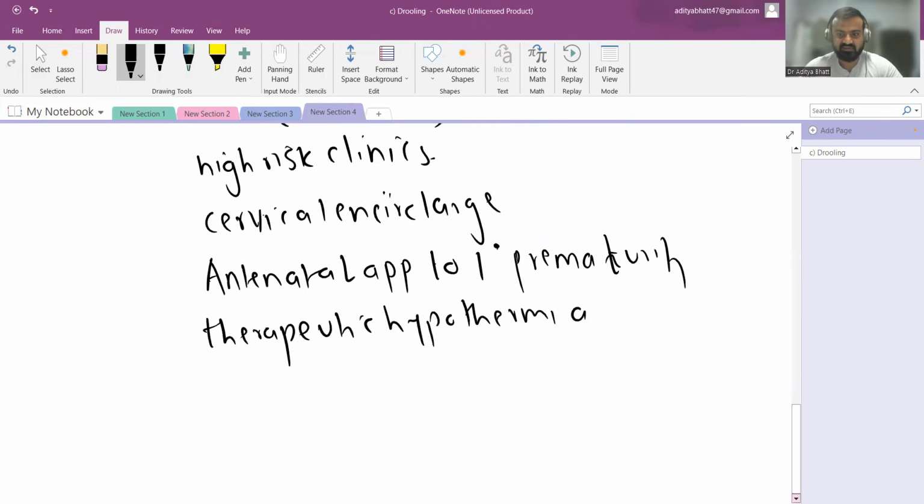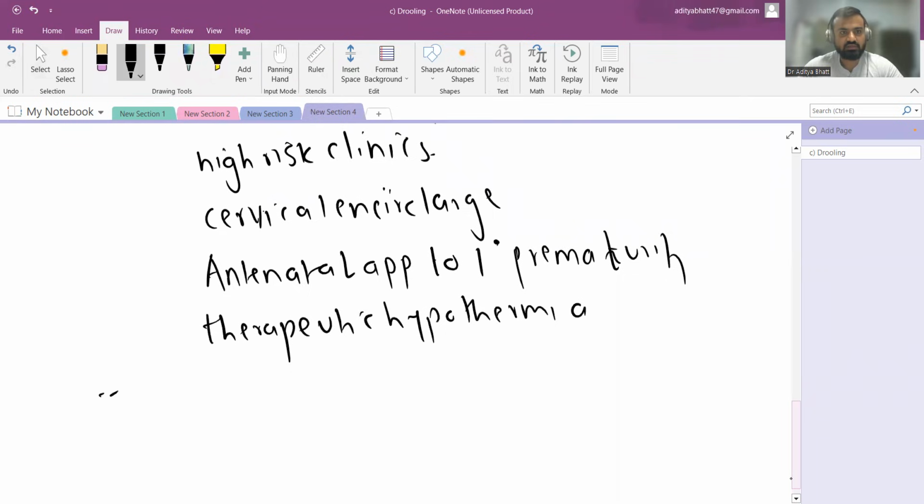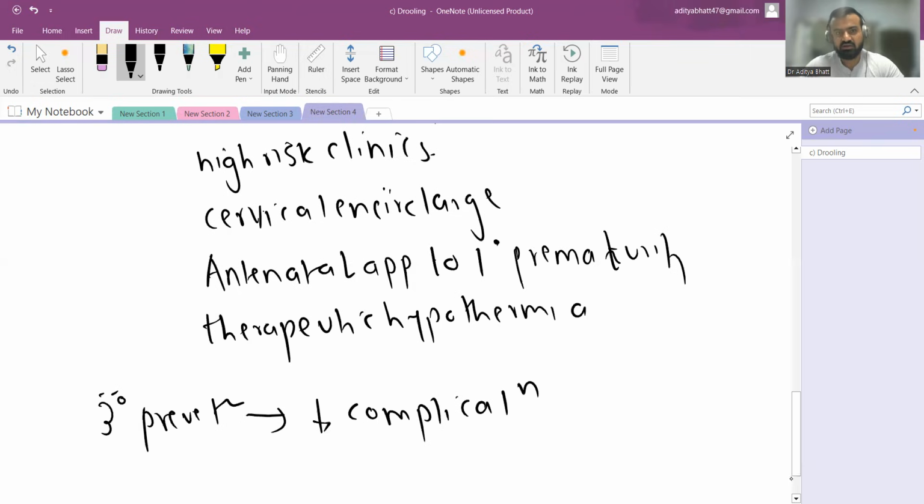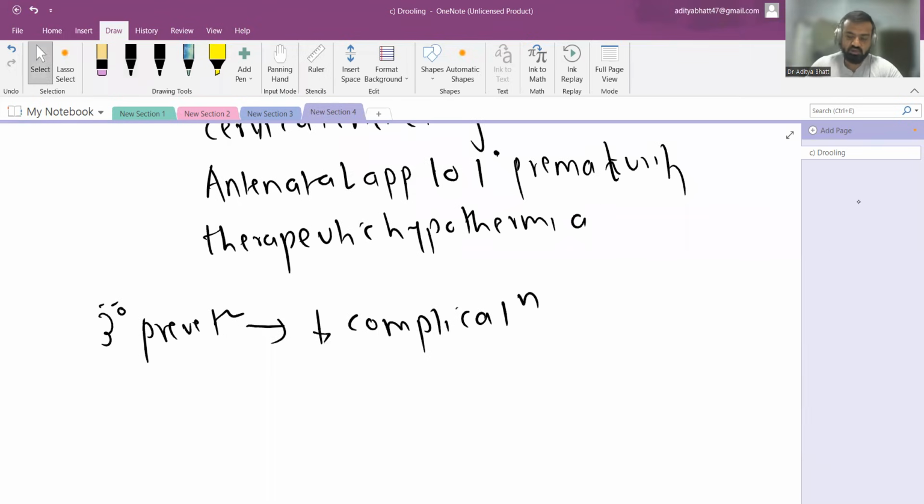And tertiary prevention. What is tertiary prevention? Decrease the complications. The disease has occurred. You have to decrease the complications in the patient. So that is again very important. Ambulatory support.